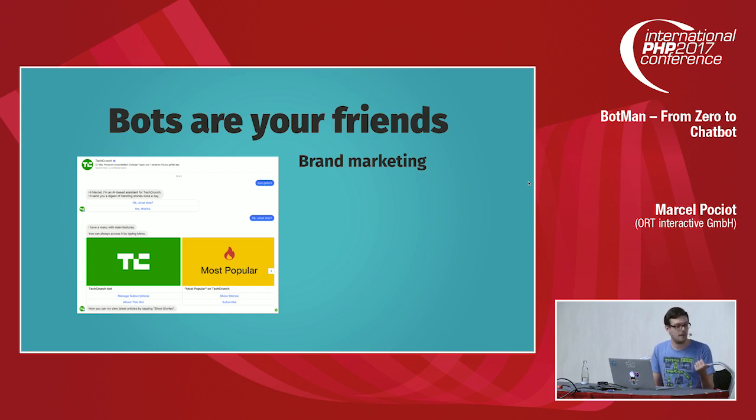The big advantage of this is that the conversion rates for Facebook Messenger are much higher than traditional email, which is mostly because it's not so full of spam right now. I mean, this is probably going to change the more that people actually use chatbots, but right now it works pretty well.